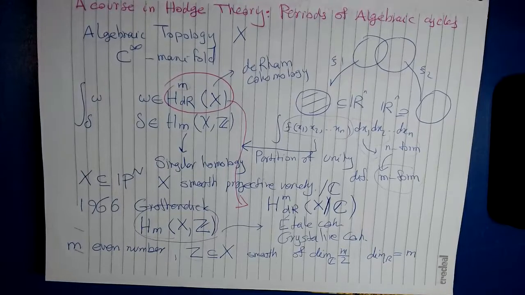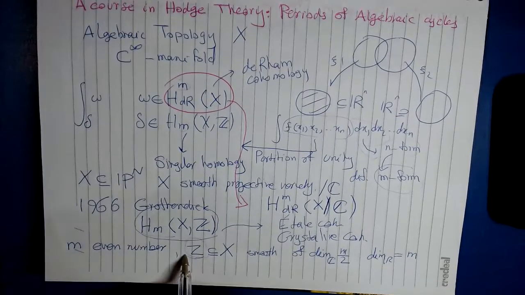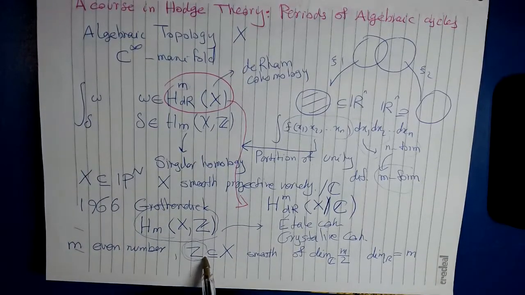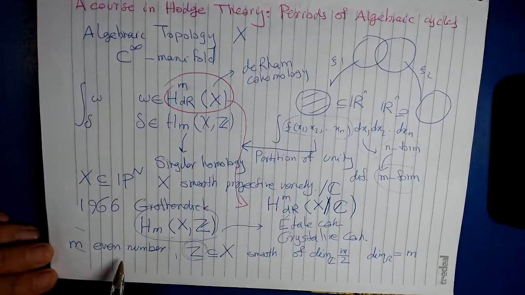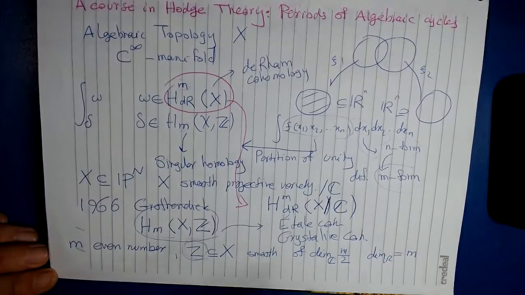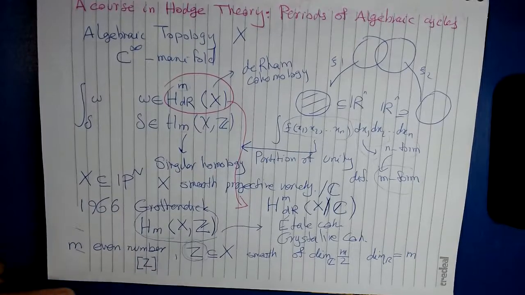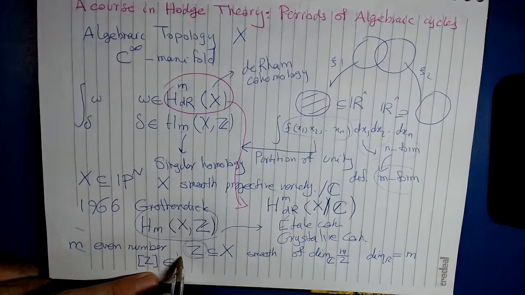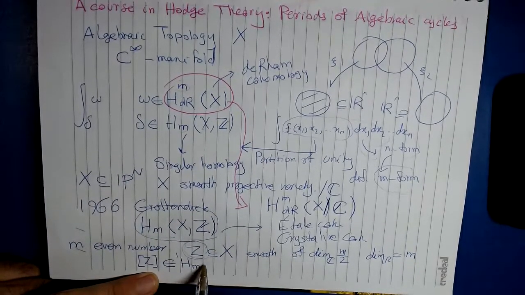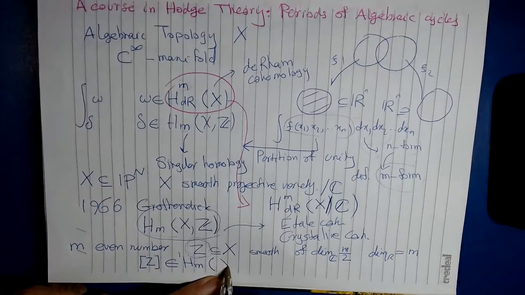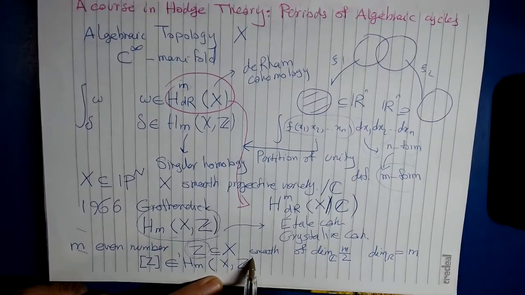So this Z is an algebraic subvariety of X of dimension m/2 and real dimension m. And even in the course of algebraic topology, we know how to attach to this guy a homology class in H_m(X, Z).